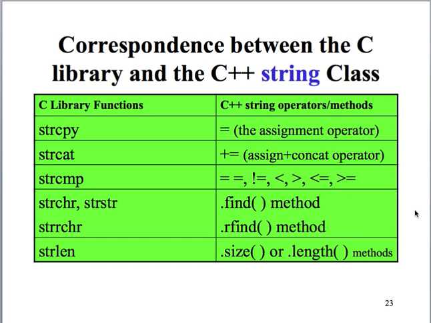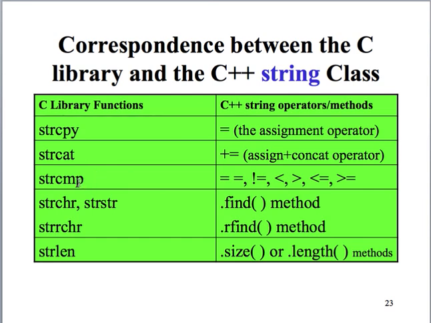Okay, and this table just gives you a correspondence of things that we used to do in the C library and the way we would do the same kinds of things using the C++ string class. So string copy, we just use the equal sign, which is what you wanted to do at the very beginning with C-style strings, but you couldn't. String cat is like plus equal or plus.